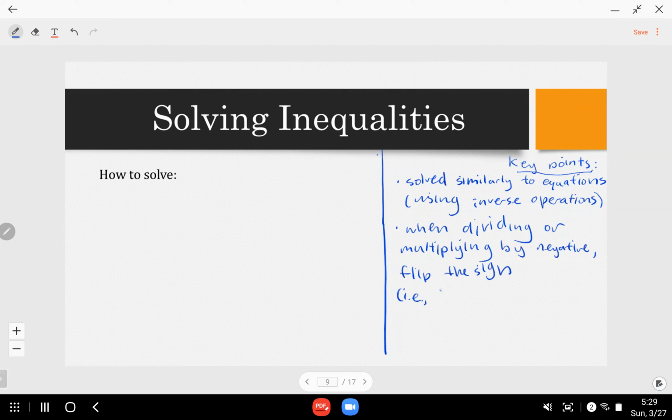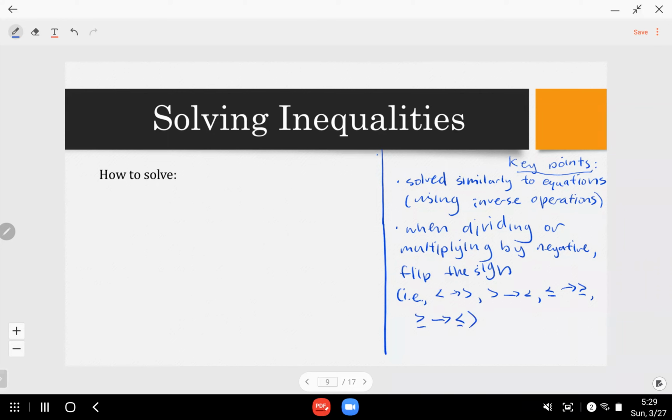If you have less than, it turns into greater than. And greater than turns into less than. The opposite. Similarly, less than or equal to turns into greater than or equal to. Then greater than or equal to turns into less than or equal to. So flip the sign, basically the opposite of the sign.